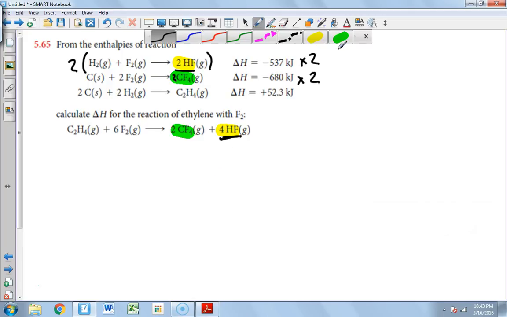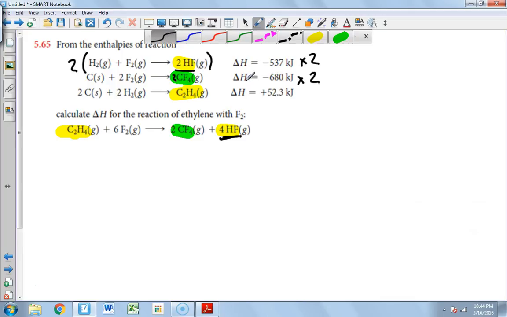Now for this third reaction, this is where it gets kind of interesting. Here we have C2H4, but in this reaction we have C2H4 down there. Notice that this is a product and this is a reactant.